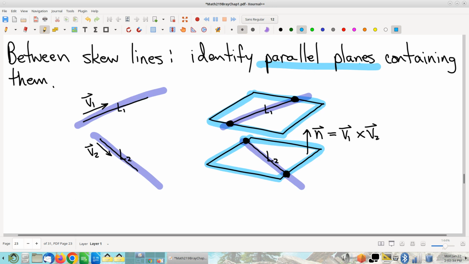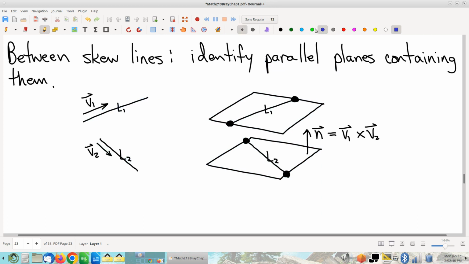Straightforward process. The big idea is that if you have these two skew lines given, we can infer from the parameterizations these direction vectors. I can take those two direction vectors and cross them.